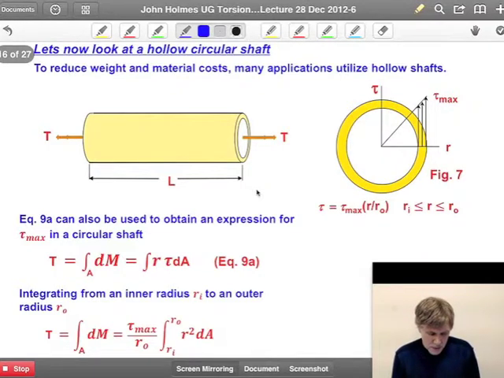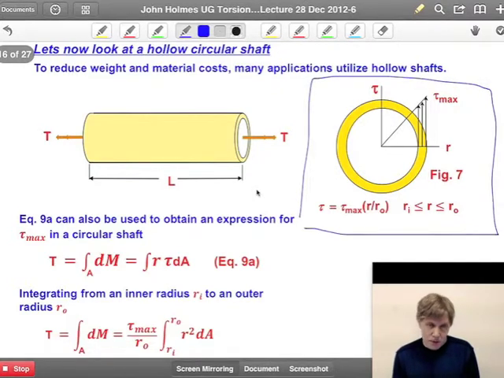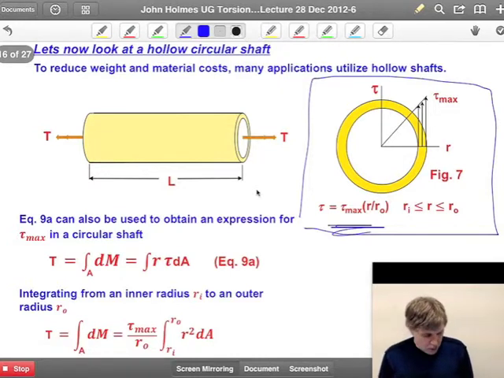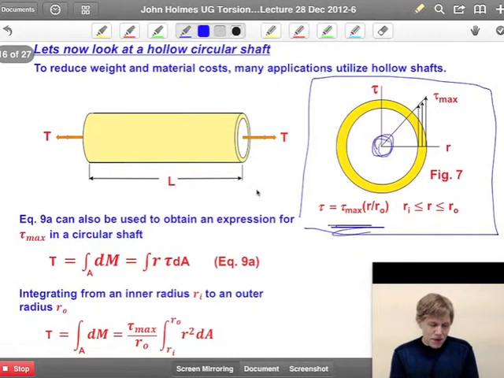The shear stress distribution, which I plot here for a hollow shaft, you can do on your own using the same expression as before, but limiting it between R inner and R outer. The shear stress is much higher near the outer radius, and therefore it's much more efficient at reacting the torque. So what goes on in the core of this material, if this was a solid shaft, isn't very important in terms of resisting the torque.